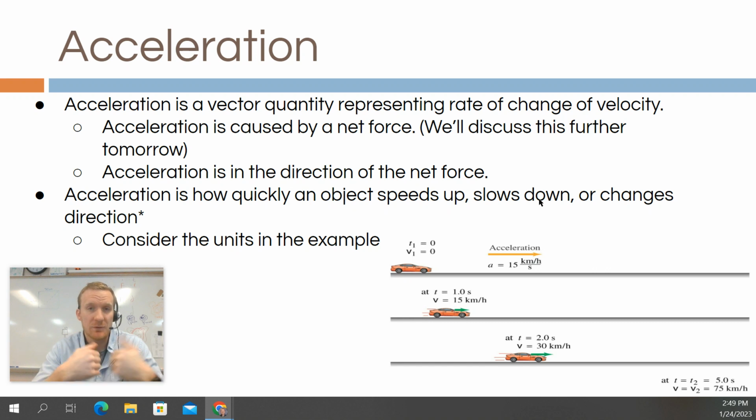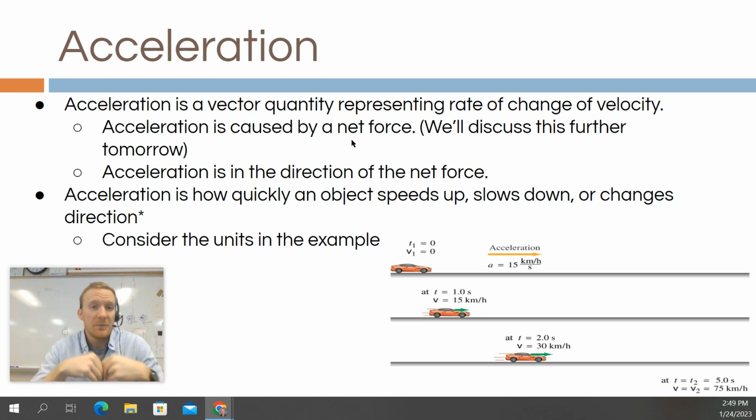That's Newton's first law. If there's going to be a change in motion, we have to apply a force. So that means if we're going to have an acceleration, we also have to have some sort of net force. We'll look at that relationship a little more closely in the next video. But just for now, know that forces and acceleration are always going to be going in the same direction.